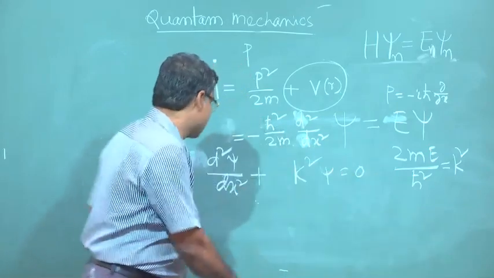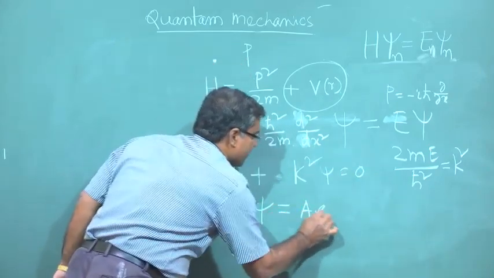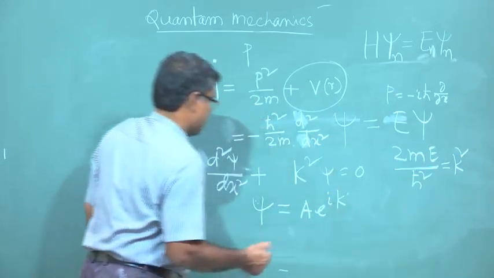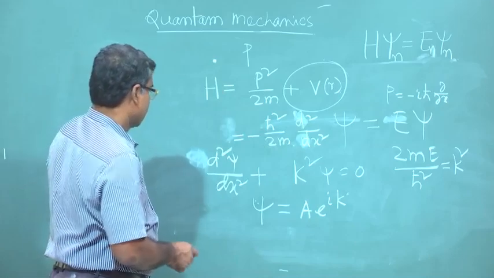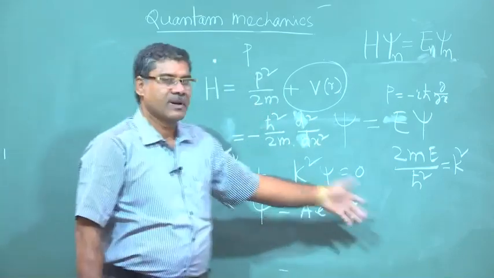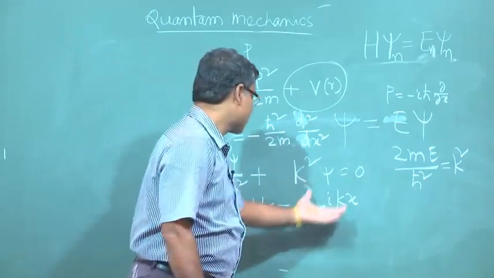Its solution is A e to the power i kx, this x, yeah. So the wave function will be like this, okay. So this is the wave function.